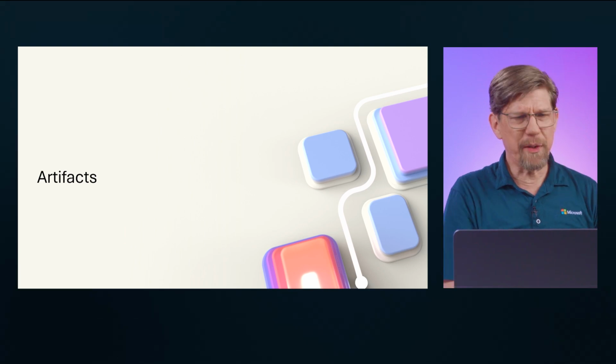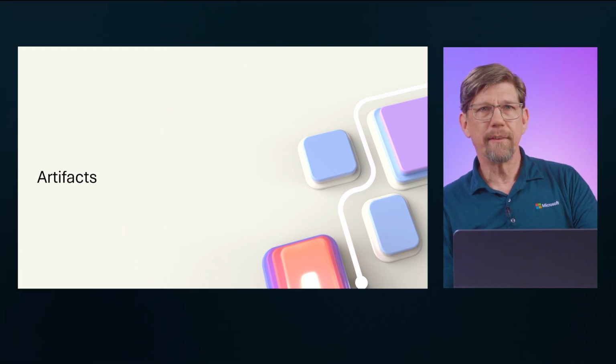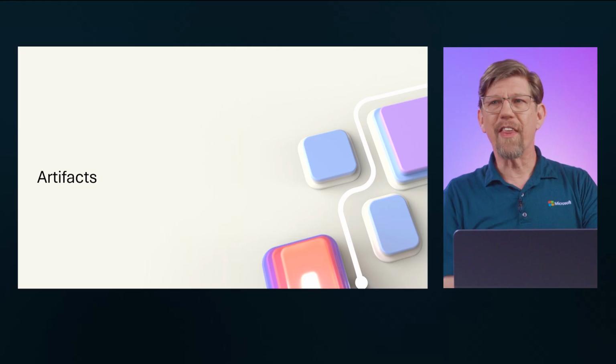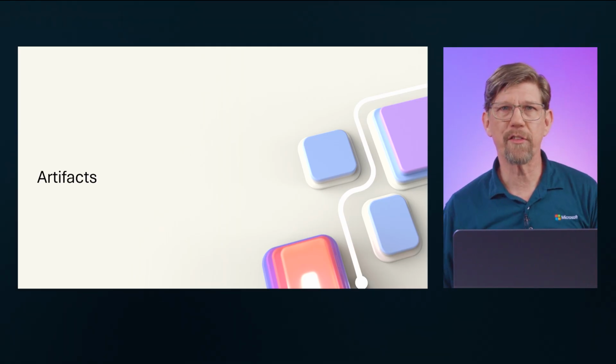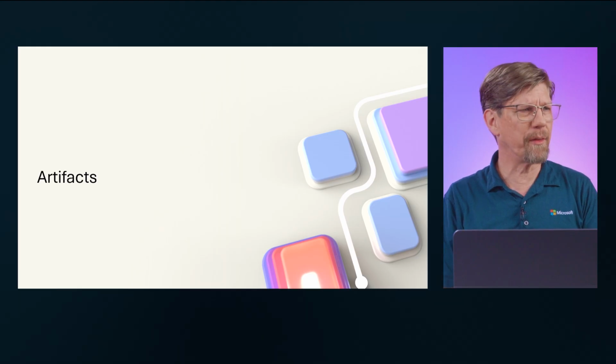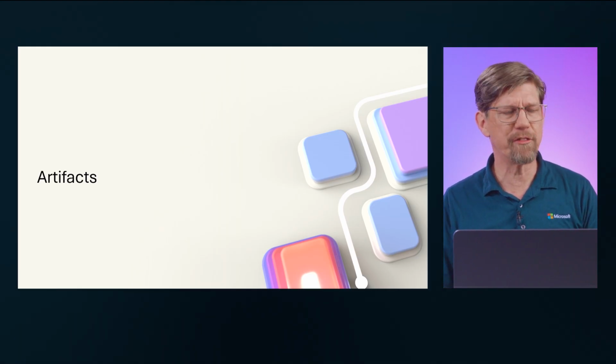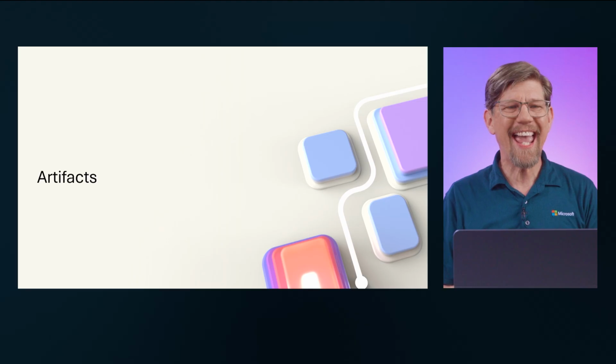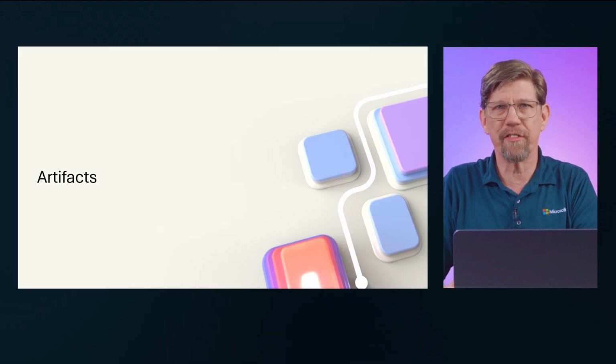And now you need to generate an artifact that will be used throughout the rest of the pipeline. An important concept that we have in the world of pipelines is this idea of an immutable artifact.